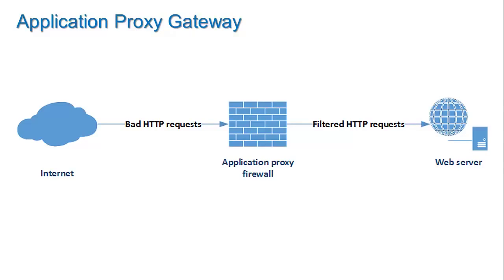By filtering out or reformatting the improperly formatted HTTP requests before they reach the web server, the application proxy gateway can prevent the server from crashing or exhibiting unexpected behavior.